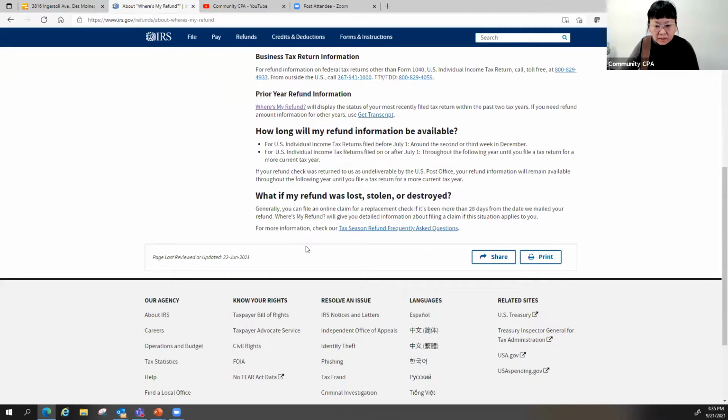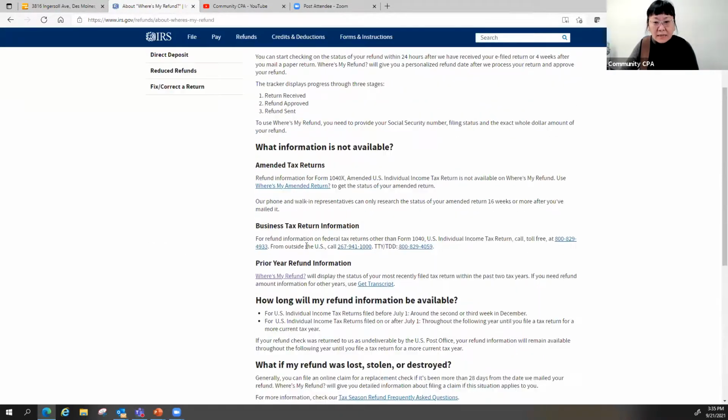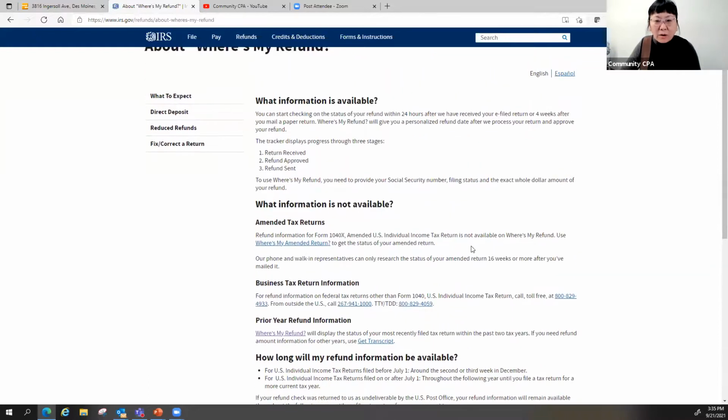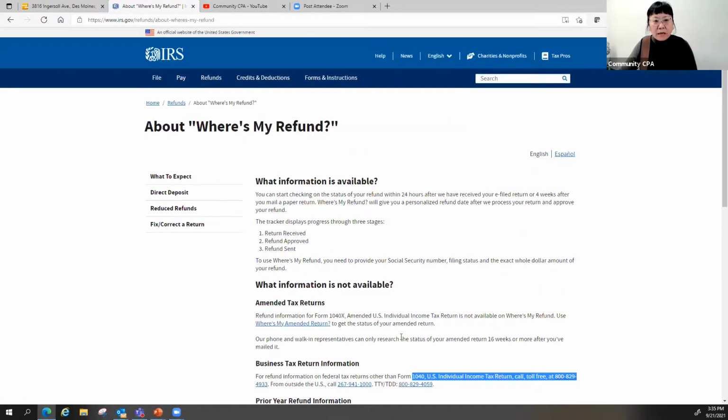I don't think they give you that number really easily. In general, they don't want people to call, because it doesn't resolve anything. But if you call, this is the number you call, okay? 1040 US individual tax refund, call toll free 800-829-4933. Call that number if you need to.